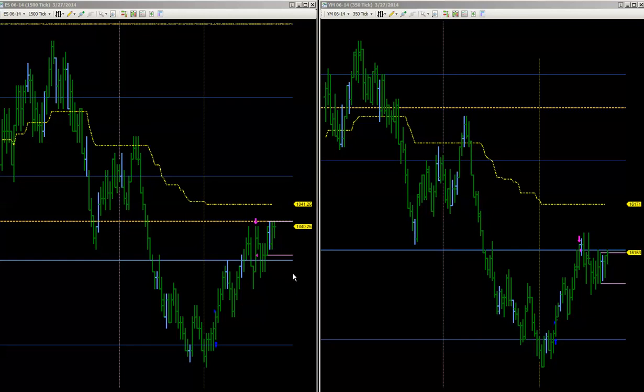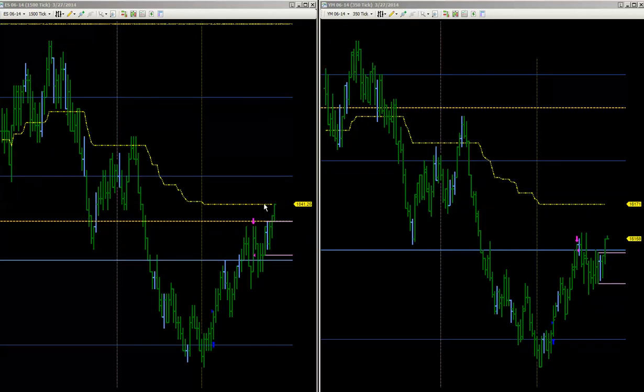Since I'm already long, I'm going to feel a lot better about these longs at this point since these key levels came in. I'll feel better when we get above these walking lines.